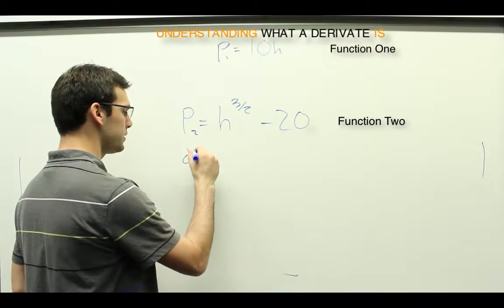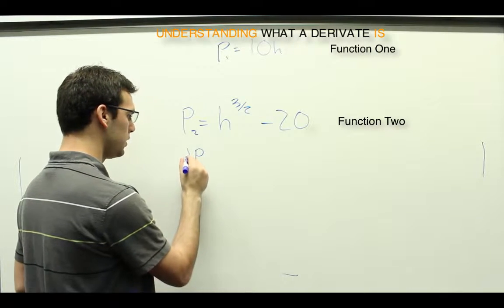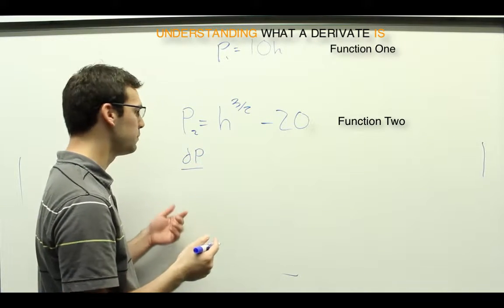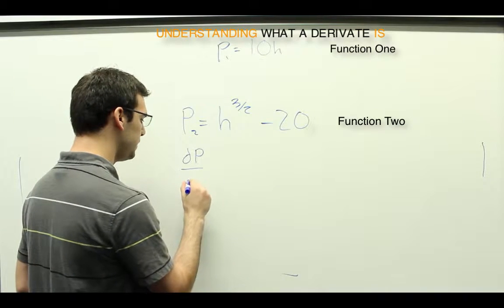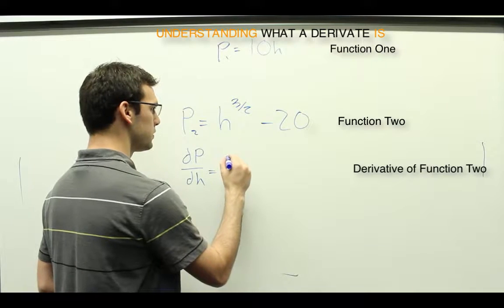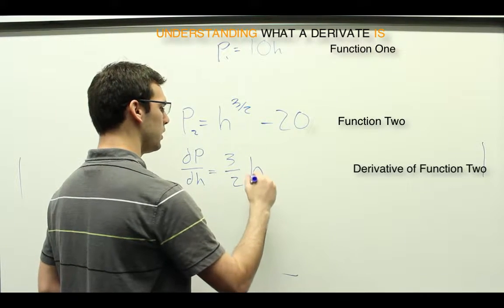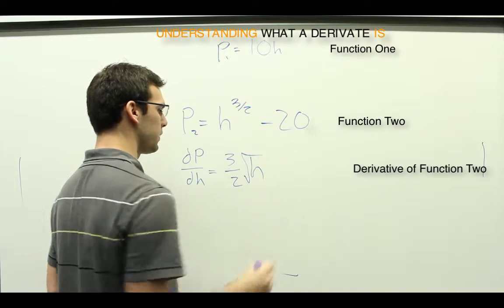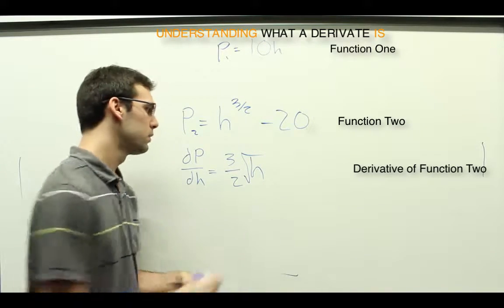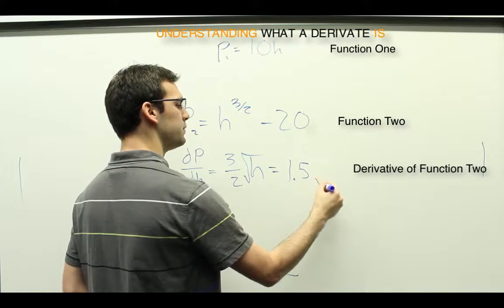So in this case, once again, we're going to focus on not how we find the derivative, but what it means. So dP over dH equals 3/2 h to the one half, 3/2 the square root of h, which is of course equal to 1.5 times the square root of h.